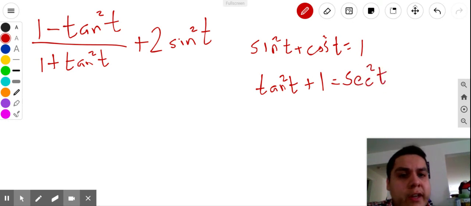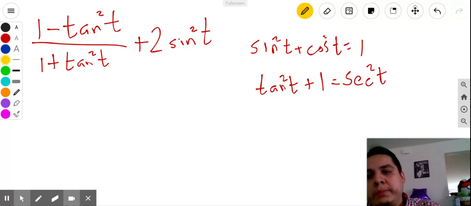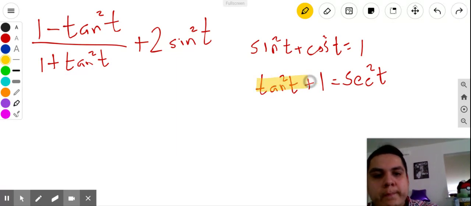And if you notice, that should be another one of your identities that you have. All right. And here's what I do see. I can do a little substitution here. I see tangent squared plus 1. I see 1 plus tangent squared.